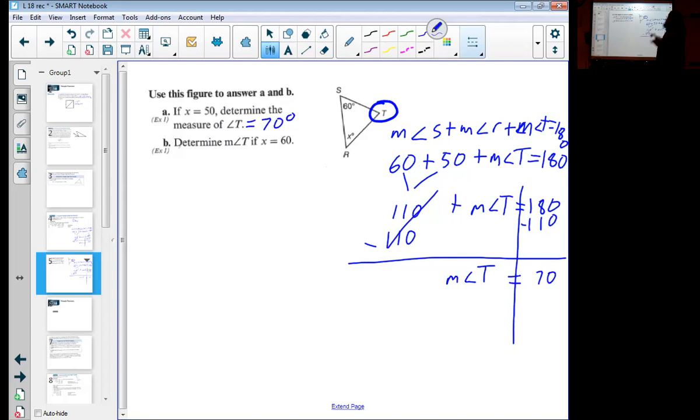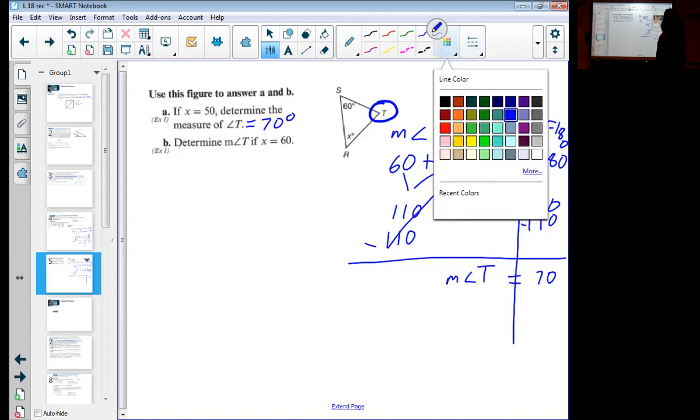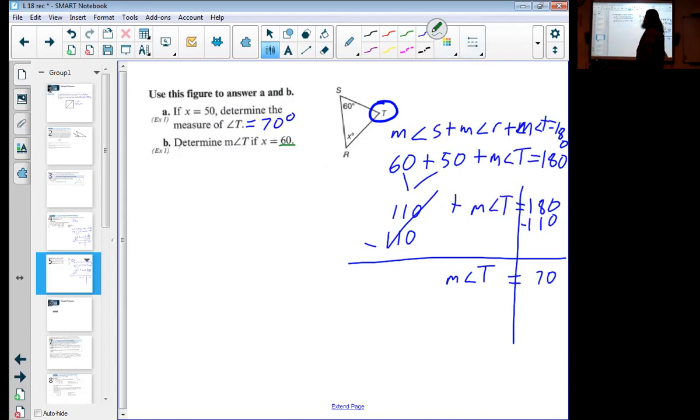Now B is asking kind of the same thing, except it is saying that x is 60. So we can do the exact same thing. We're using the exact same formula, except now when we're substituting in, we're using the substitution property. We can substitute in 60 instead of our 50.